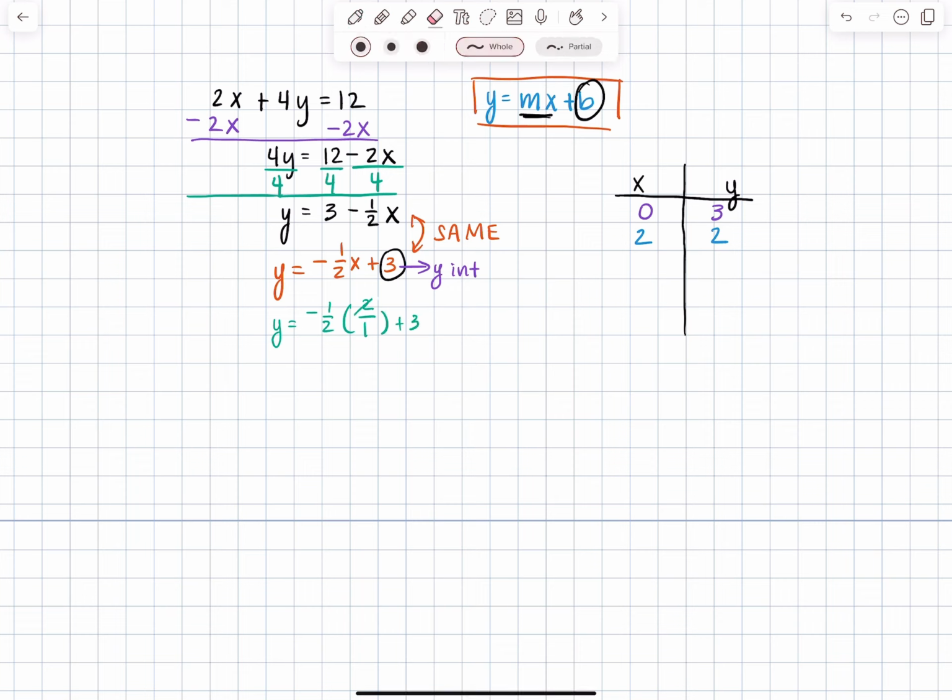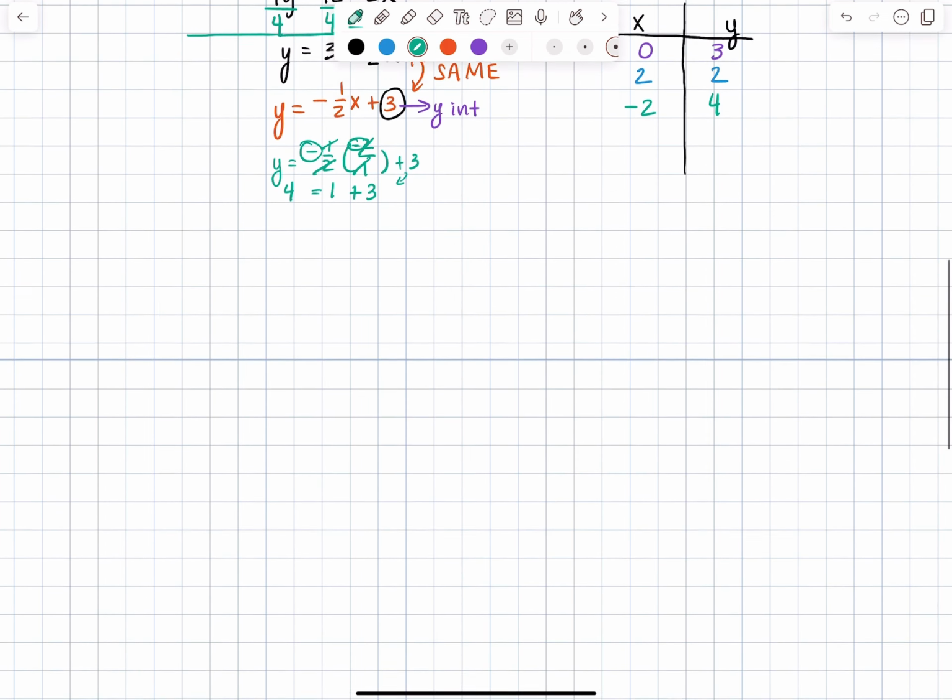The 2 cancels out, the 1 cancels out, and we have negative times negative, which gives us positive. So we just have +1. The 3 comes down, so +3, and that gives us 4 for the y value. So 4, and this is when the x value is -2.